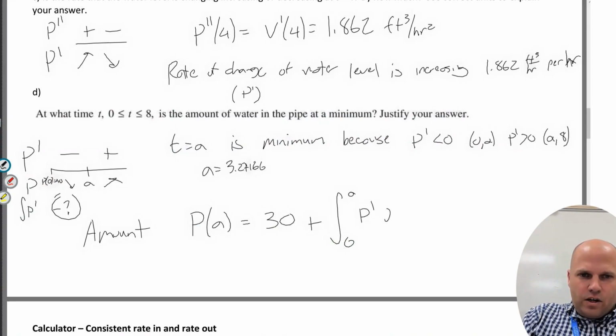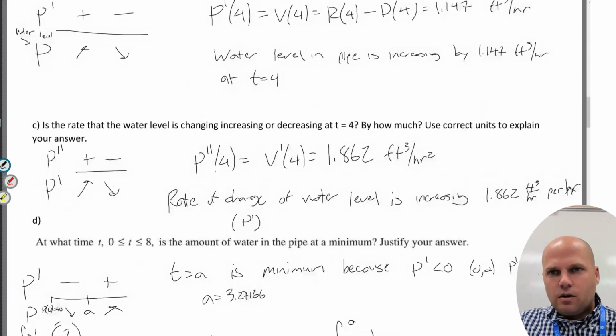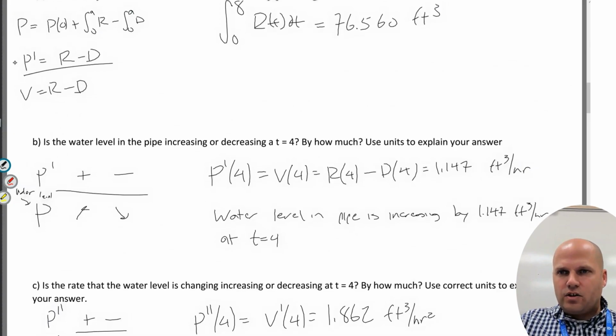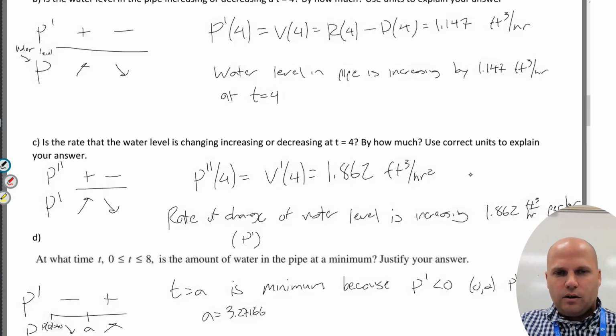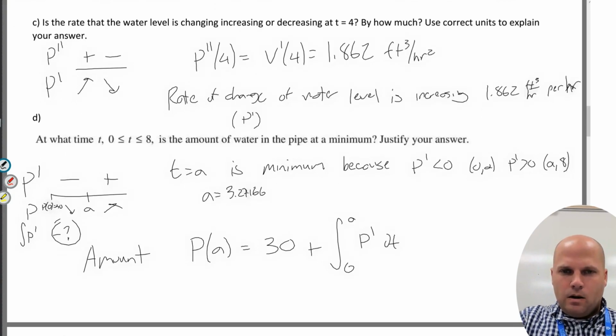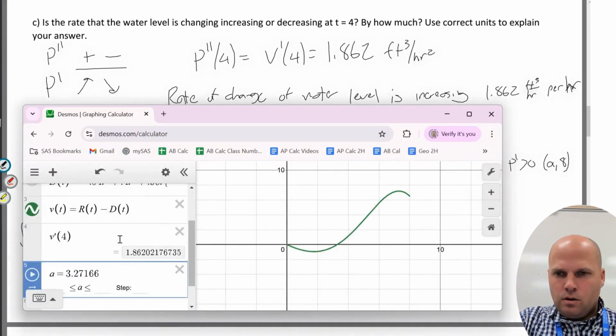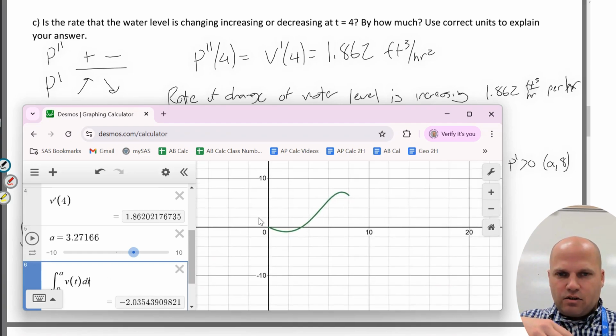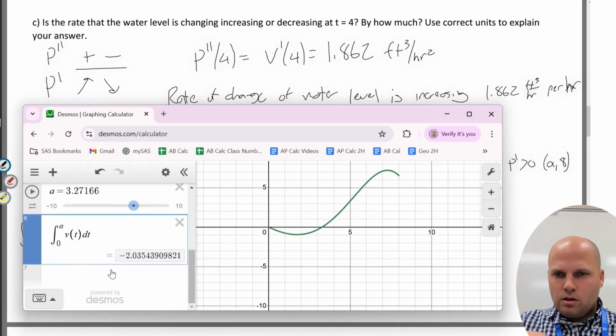Make sure I've written down that P prime is R minus D, which I did, or I could say V is R minus D. You have to have this written down somewhere. That way you're not just throwing letters out there at random. And I'm going to go ahead and accumulate from 0 to A my V. I can see I decreased this amount.